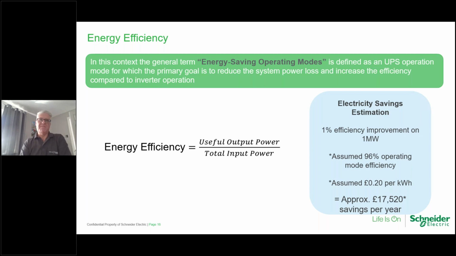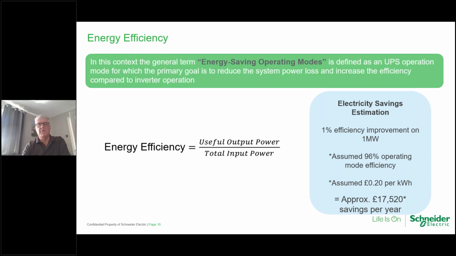And at an assumed level, in this example put by my colleague, if we have a 1 megawatt UPS and a 1% efficiency improvement, assuming we go from 96 to 97, at 0.2 kilowatts per kilowatt hour over the 8760 hours per year, we'll have a cost saving of approximately £17,000. That's because we've taken a UPS operating at 96%, and we've raised that to 97%.